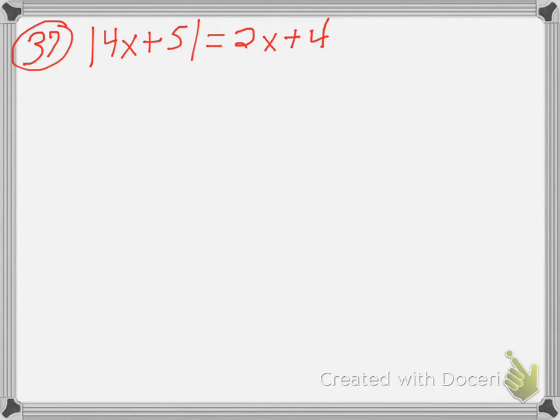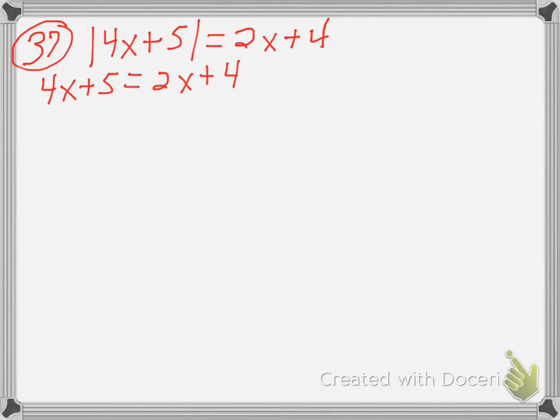Next problem we will do is number 37. On this one we have variables on both sides. So 37 is absolute value of 4x plus 5 equals 2x plus 4. I'm going to do the same process as we did before. I'm going to set whatever's inside the absolute value, which in this case is 4x plus 5, equal to the 2x plus 4.